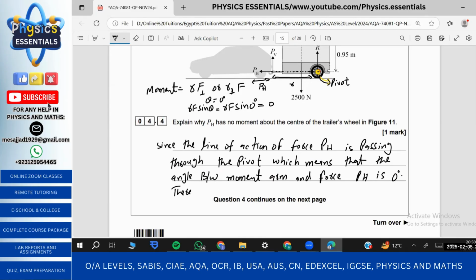Therefore, the moment due to PH will be 0.